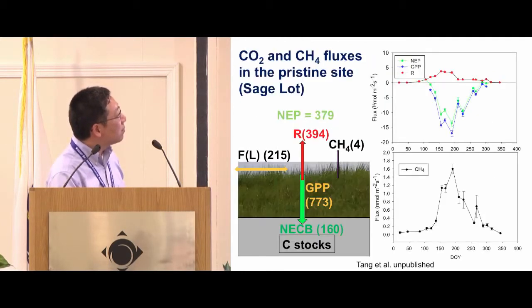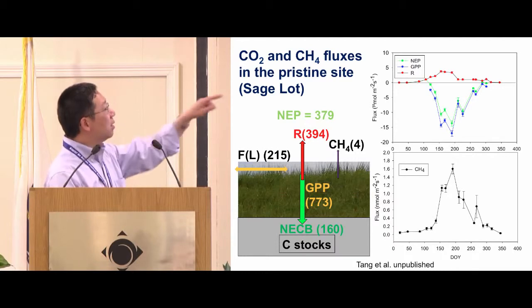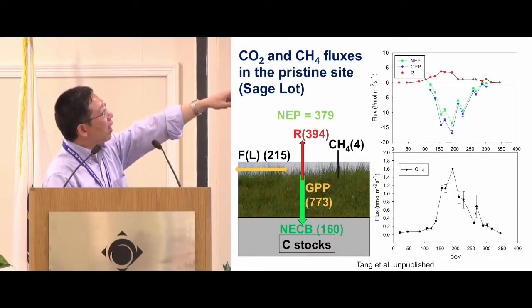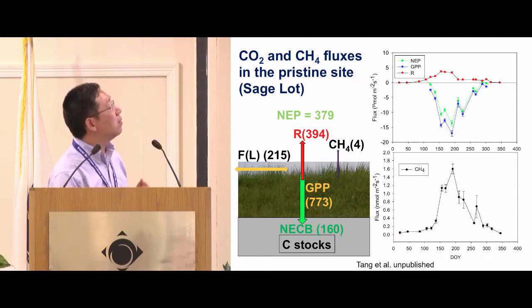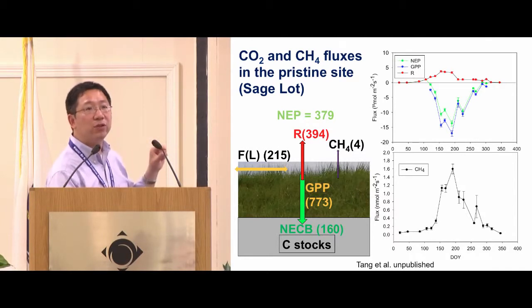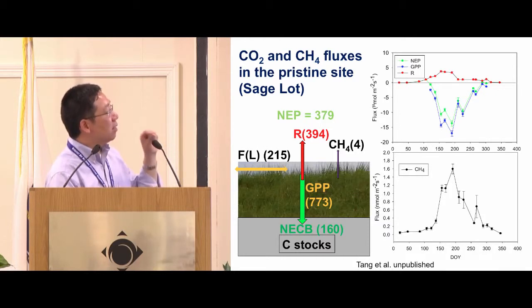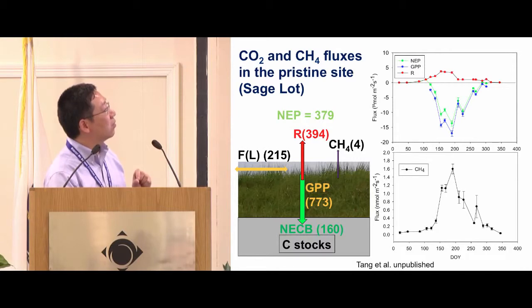Here are some of the results. In the right panel, you can see a red line that indicates respiration. The respiration is basically the CO2 emissions from the marsh, and the green line indicates the total net, called the NEP, net ecosystem production, which is the net result of the red and the blue lines.